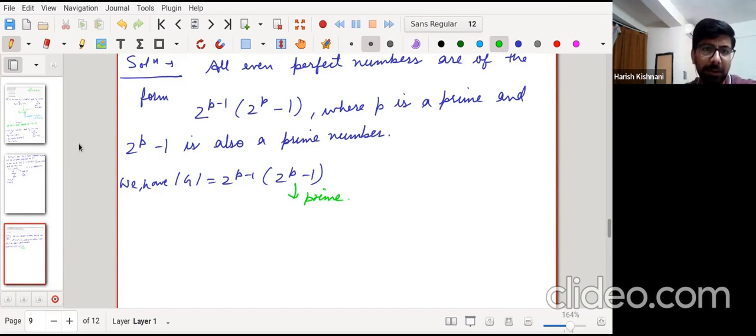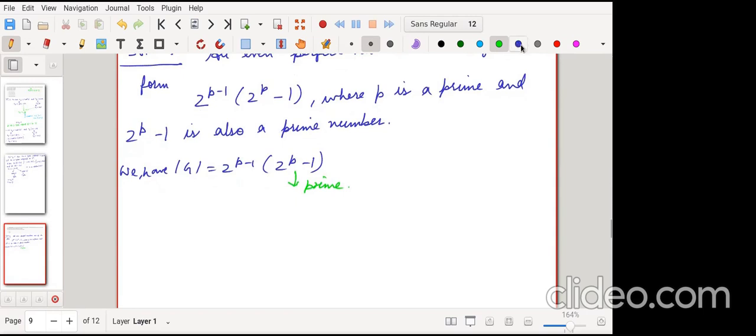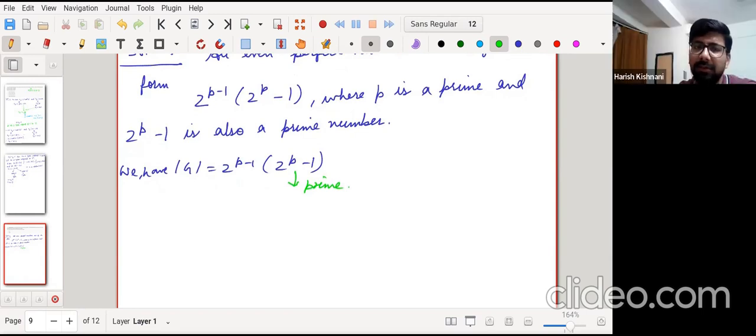This is simple, you all should be able to answer. You are given a prime factorization of the order of G. What are the primes that are dividing the order of G? I'm asking what primes divide 2^p - 1.